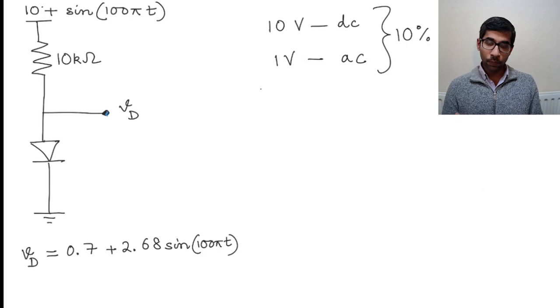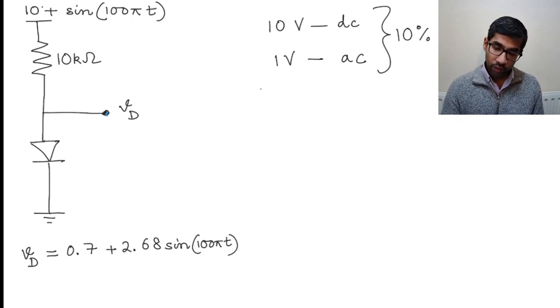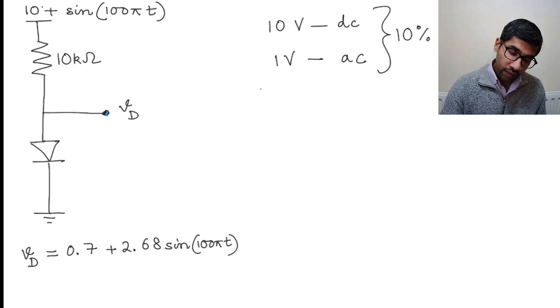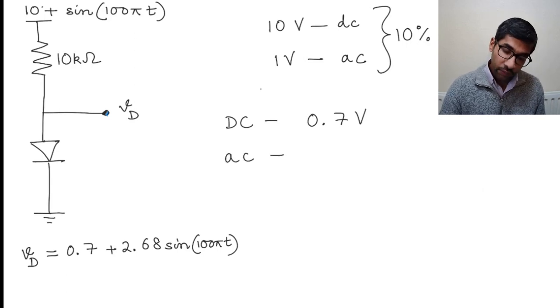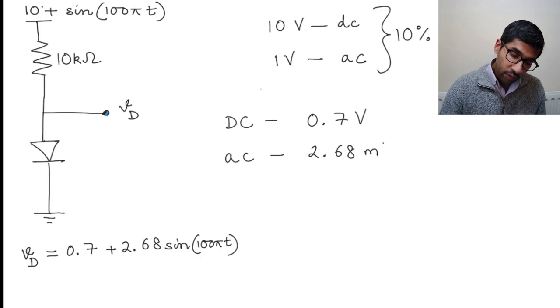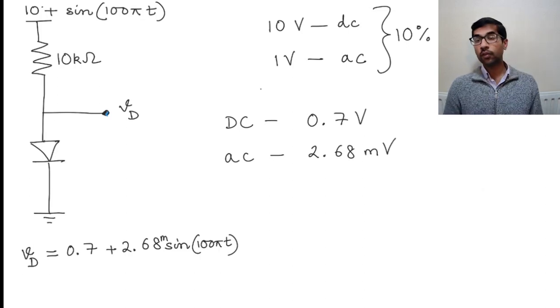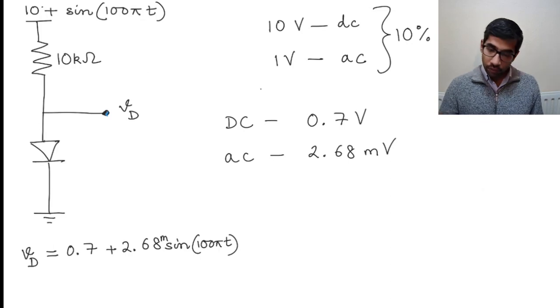Now at the output, what happens? At the output, you have a DC voltage of 0.7 volts, and you have an AC voltage of 2.68 millivolts. I should have written this as milli. So what is the percentage here?